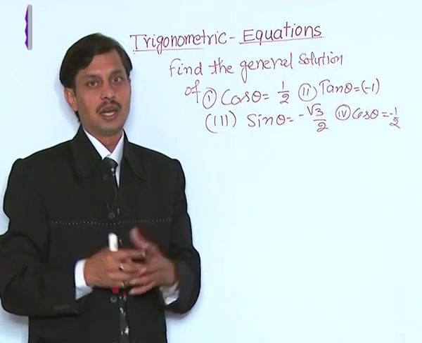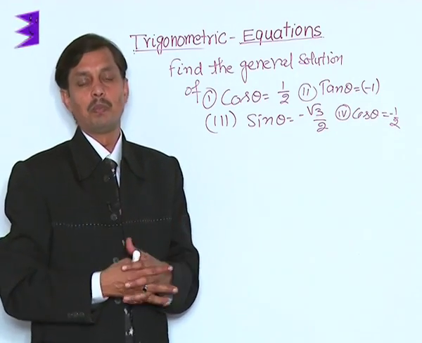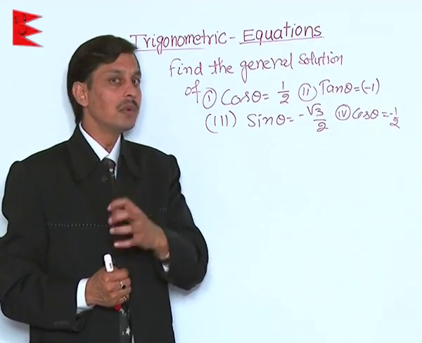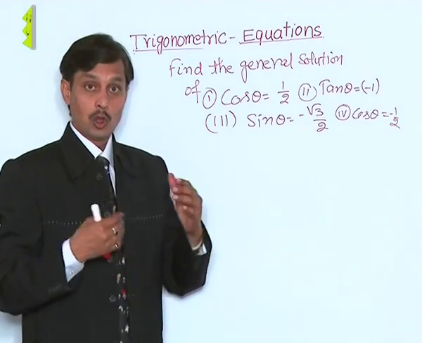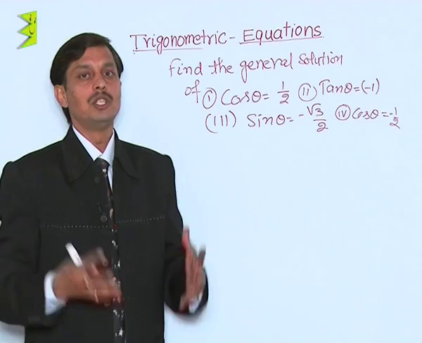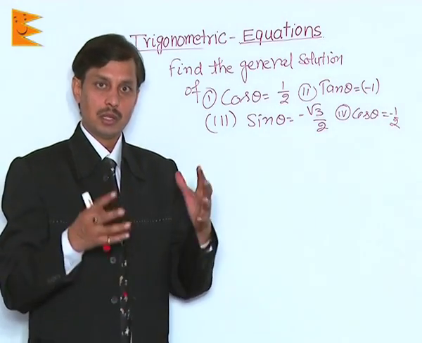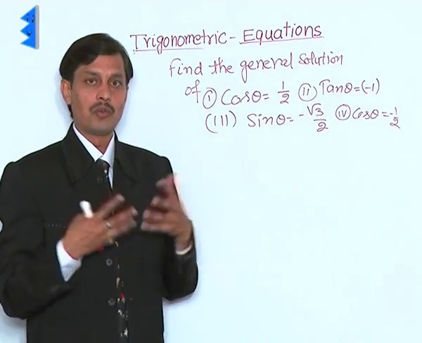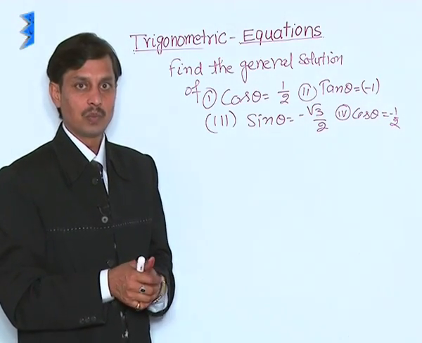If I talk about sin theta, its principal domain is minus pi by 2 to plus pi by 2, minus 90 to plus 90, which I even shared when I discussed the graphs. Cos theta, its PD is 0 to pi, that is 0 degrees to 180 degrees, and for tan the PD is again minus 90 to plus 90, leaving the extreme values.